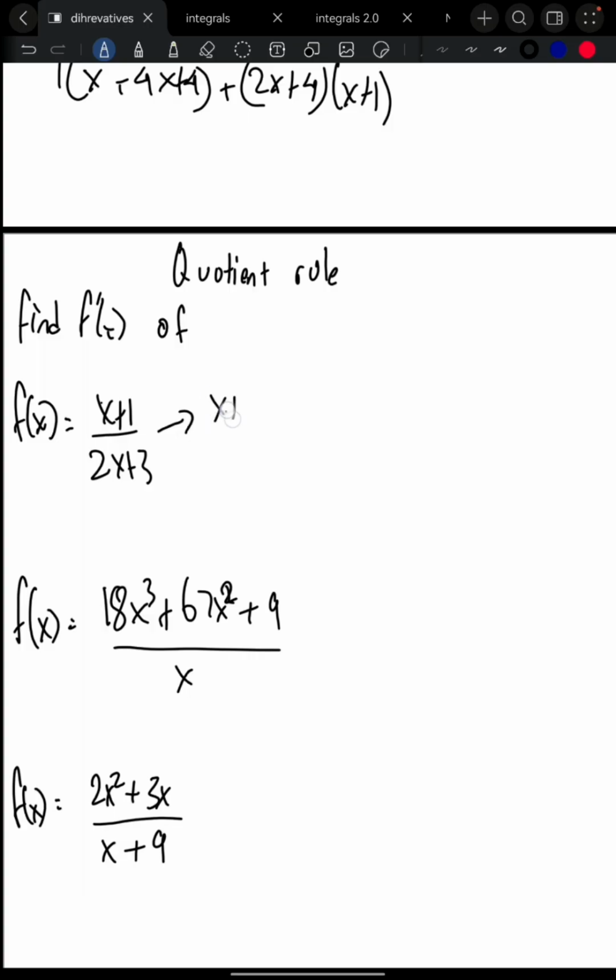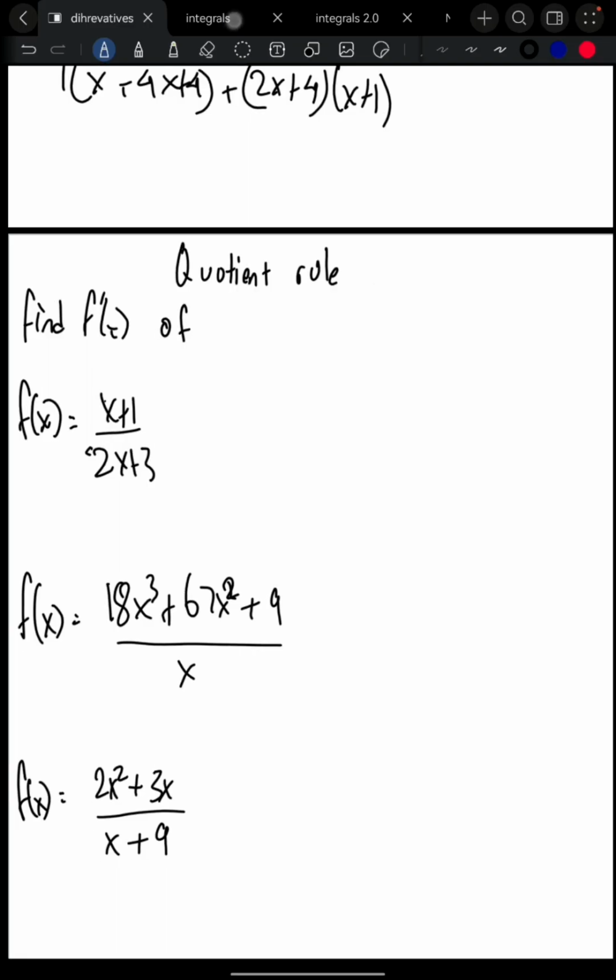You can write 1 over 2x plus 3 as 2x plus 3 whole to the negative 1. Then you can use the product rule and the chain rule. But that's kind of cheating, since it takes longer and isn't even quicker.